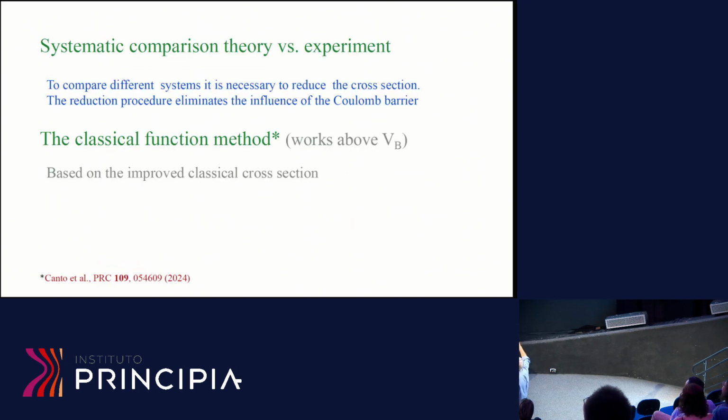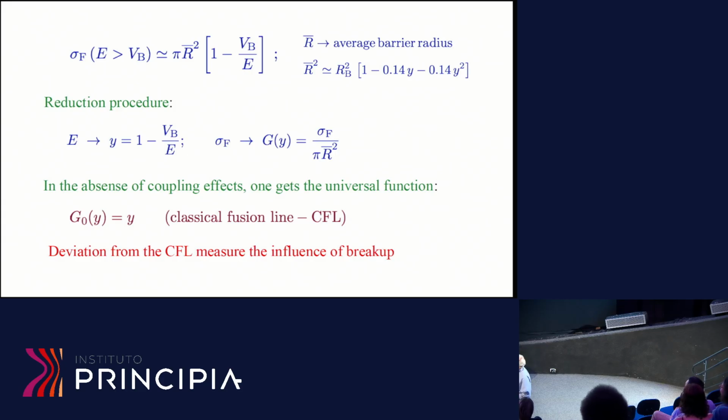One more. Yeah, here. So you invoked partial waves when you talked about this, the first formula on the left at the top, sigma f. But the way I understand it, you have pi r squared, and it should not be pi r squared because of the small Coulomb repulsion.